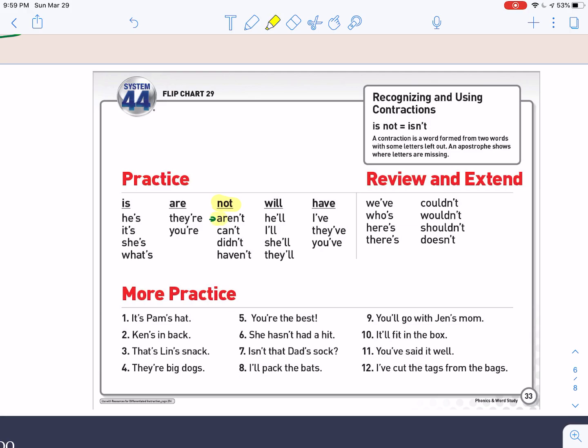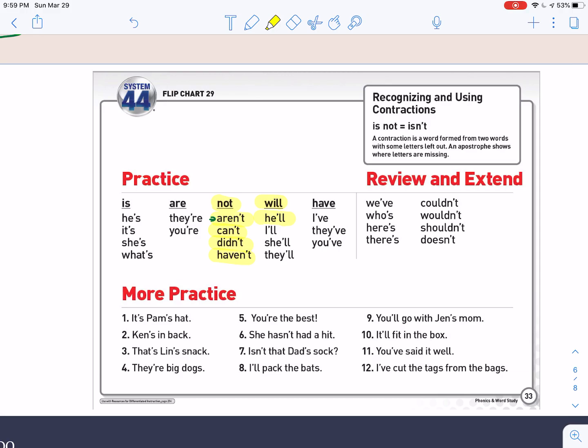Ready? Aren't, are not, can't, cannot, didn't, did not, haven't, have not. Good job. Now let's do the will.